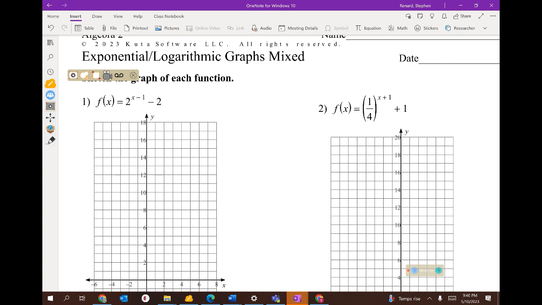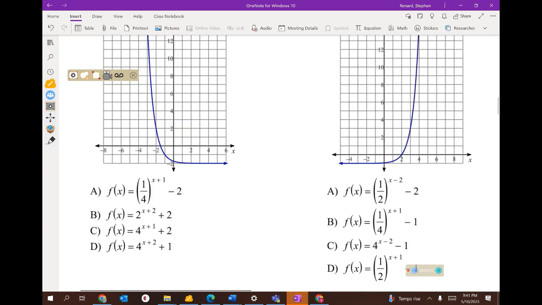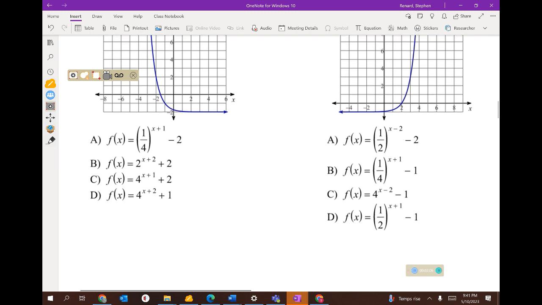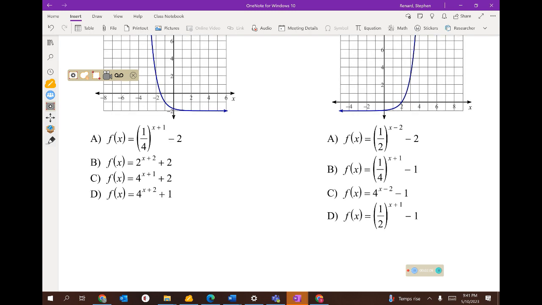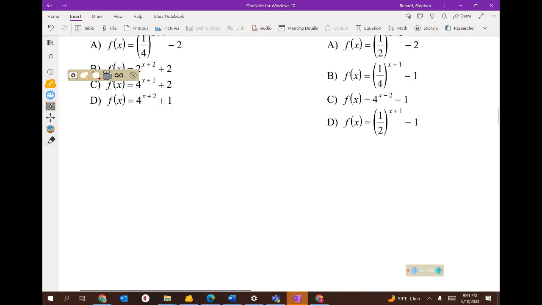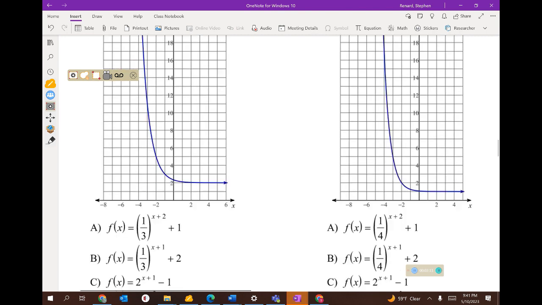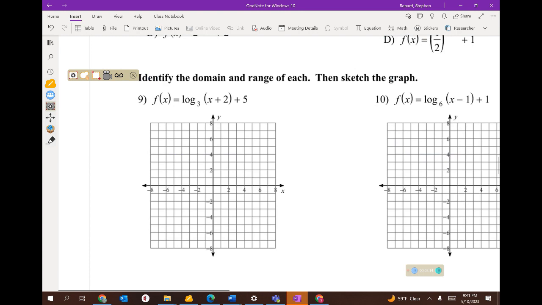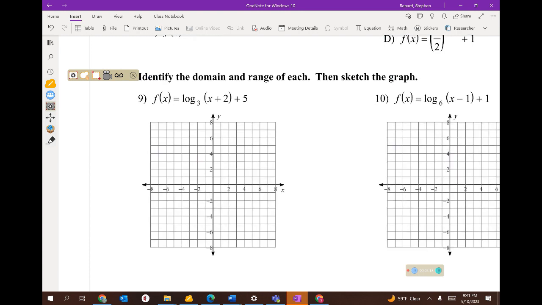The first thing I want to go over is, so these are exponential functions. If you notice, this paper is split into graphing four exponential functions and then matching a graph of an exponential function with its equation. Four of those, sorry.